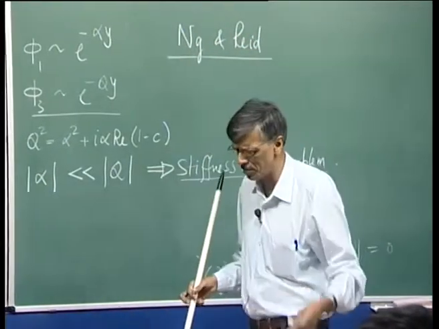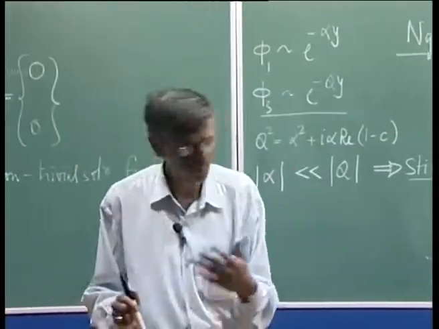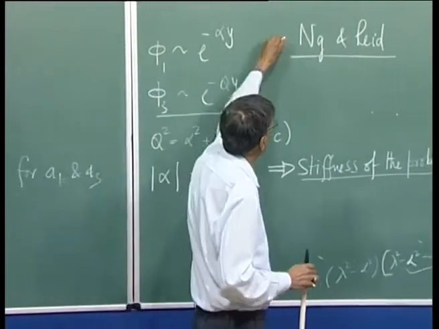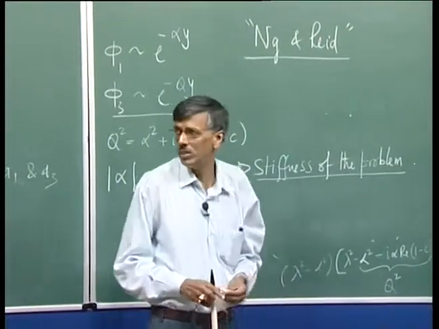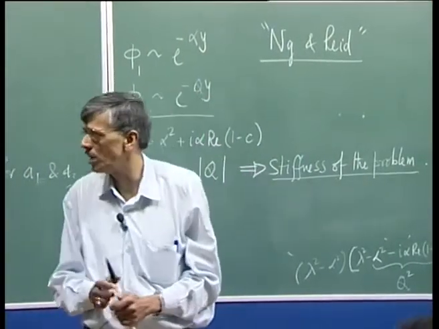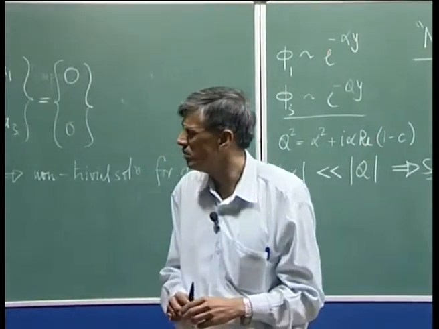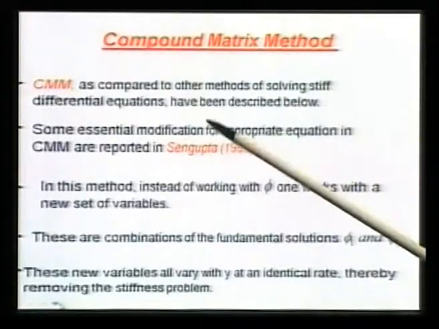Also there are other mathematicians like Professor Davey in UK, they have worked on it, but Ng and Reid wrote some very definitive nice paper available in the Journal of Computational Physics, you can take a look at. This compound matrix method was developed basically to solve stiff differential equation.